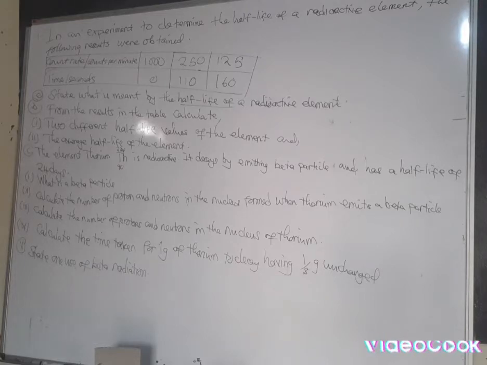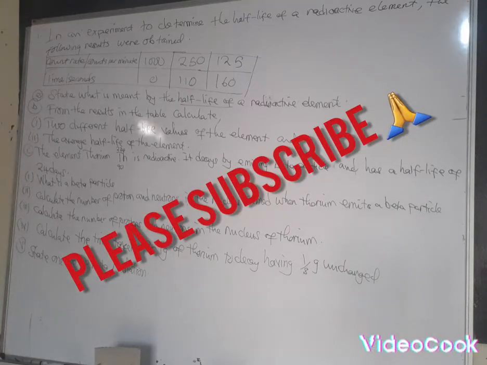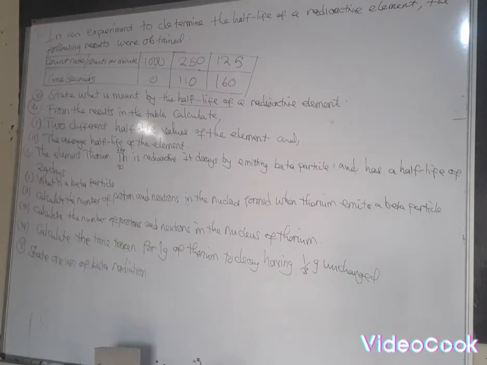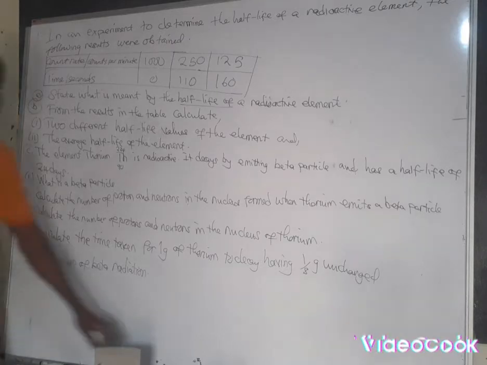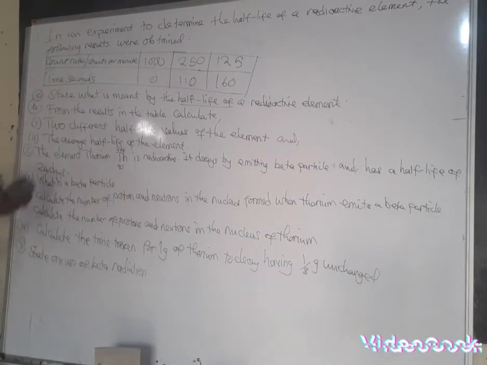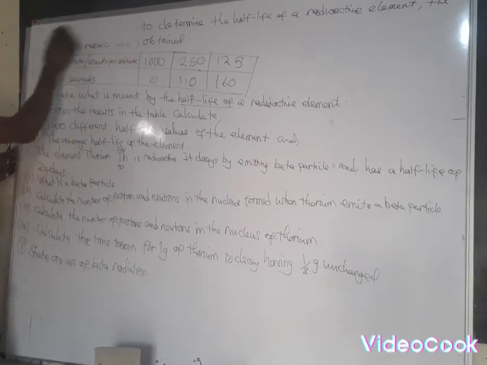Yes, please. It's the time taken for the radioactive isotope to decay. Yes, so half-life is the time taken for half of the radioactive isotope to decay. So I'll write here the answer.